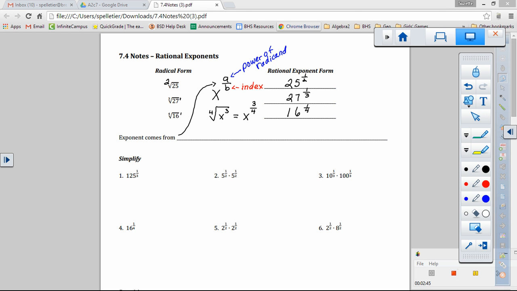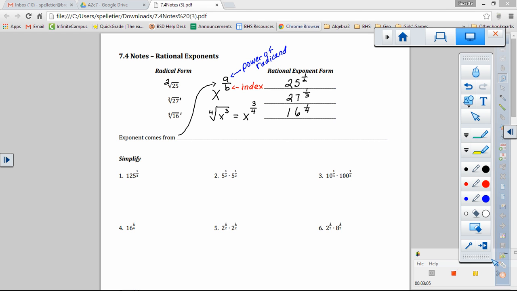Before we finish these, I want you to go to the next page, and I want us to think about the properties. We'll look at the properties, and then we're going to come back and simplify some of these, okay?